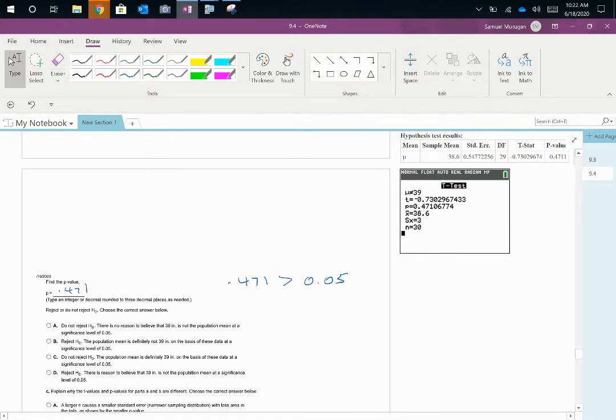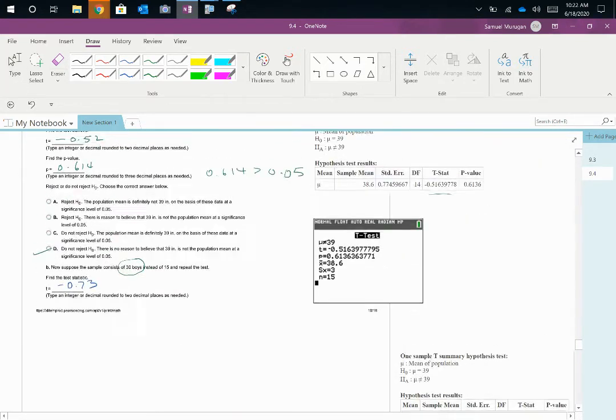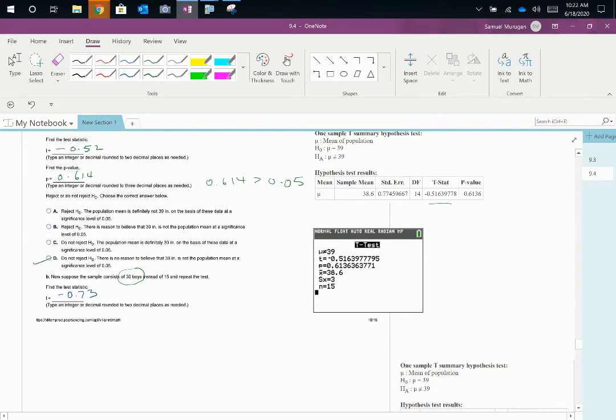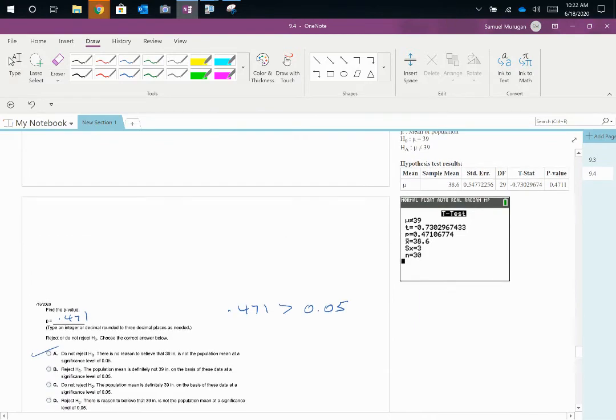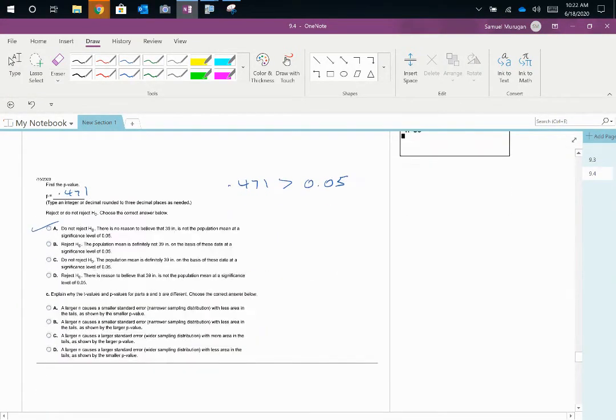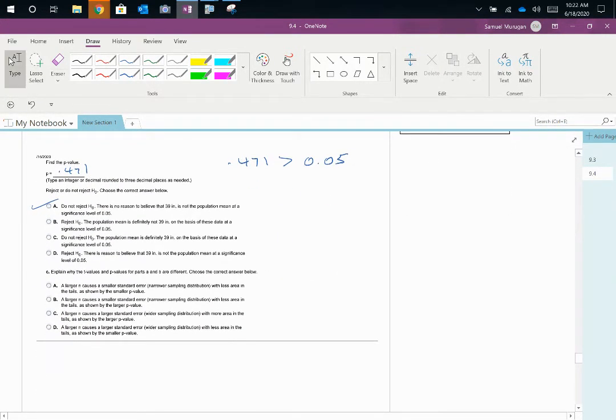There is no reason to believe that 39 is not the population mean. Same answer as the previous part A. Even at an increased sample size, there's no reason to believe that 39 is not the population mean. Explain why the t-values and p-values for part A and B are so different.